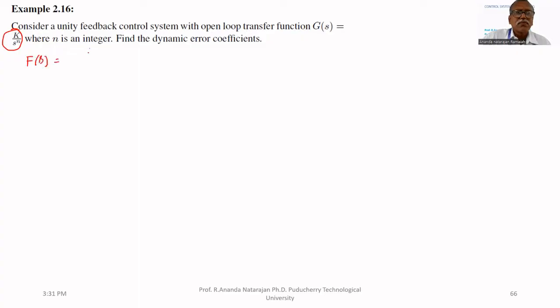F of s equal to 1 upon 1 plus G of s. Since it is a unity feedback system, H of s equal to 1. That is equal to S power n upon S power n plus k.